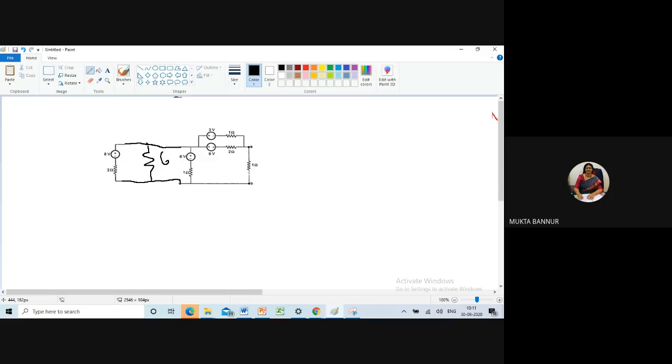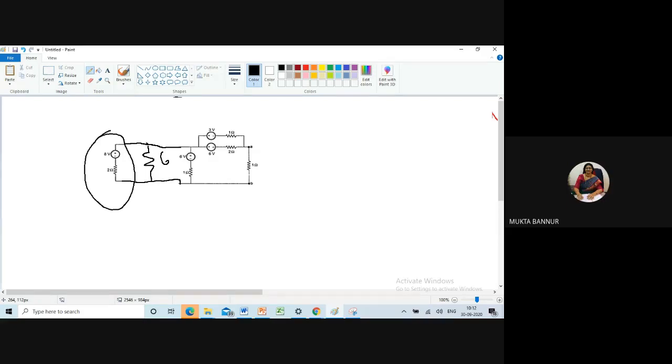In the previous case there was a resistor in series with this voltage source. Now a 6 ohm resistor is there across this voltage source. Got the point? Somebody has to say yes so that I can proceed. Okay, what do I have to do?